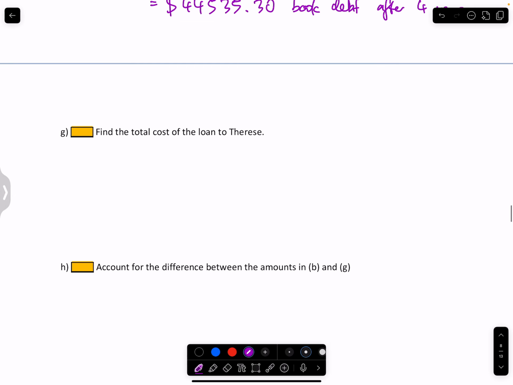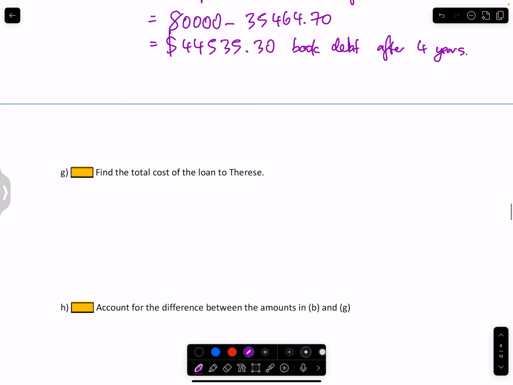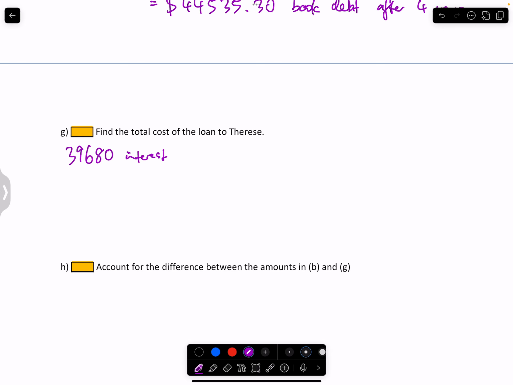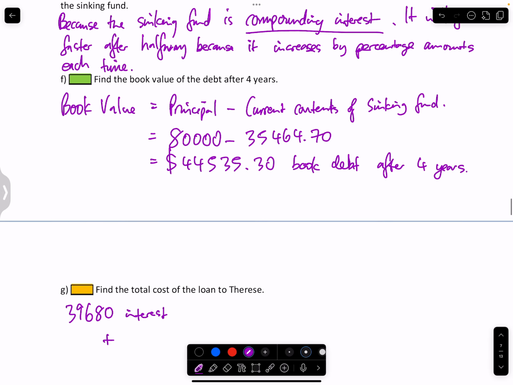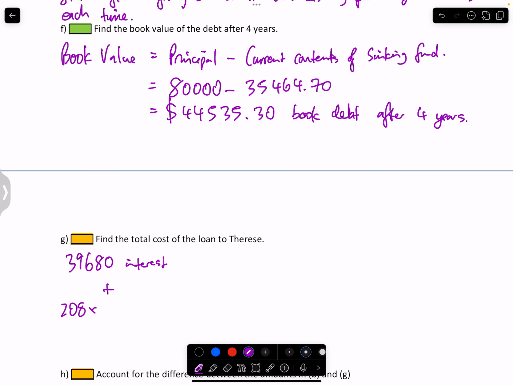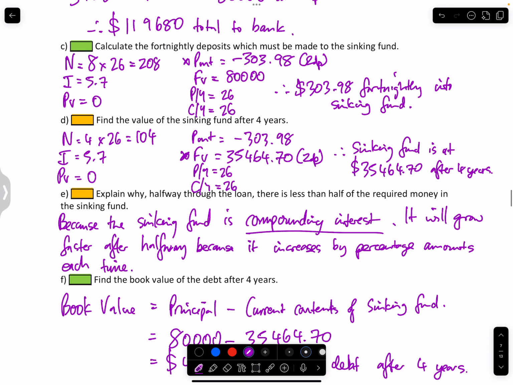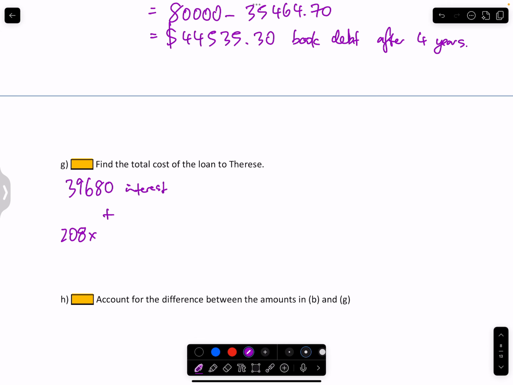Final total cost of the loan to Therese. What is the total cost? She has to pay $39,680 in interest. Plus, she's making 208 payments of $303.98.